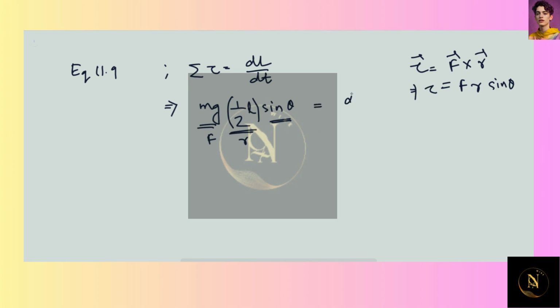So this is in fact equal to dL over dt. This is capital L and this is small l. Now we know that the angular momentum is I times omega. Since I is constant here, we can write this term as I times d omega over dt.